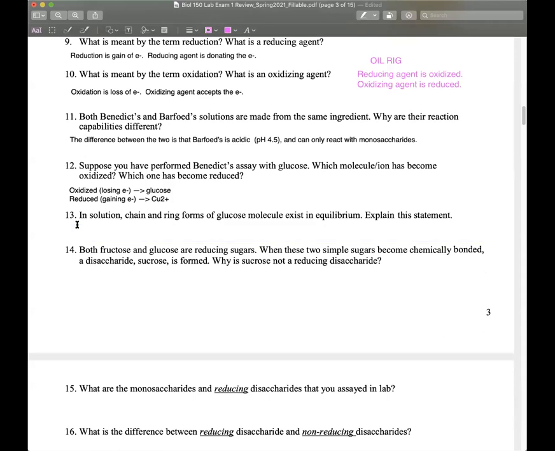And speaking of this assay, we had all of these samples in solution. Like glucose, we just had some sugar dissolved in water, because water is our universal solvent. And in a solution, glucose exists in both a chain form and a ring form. So what does that exactly mean? How can we explain that?